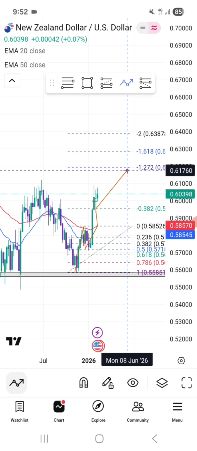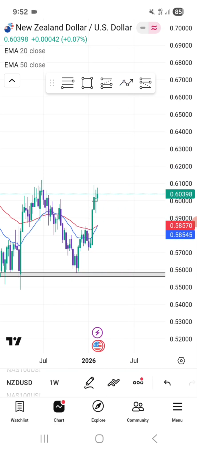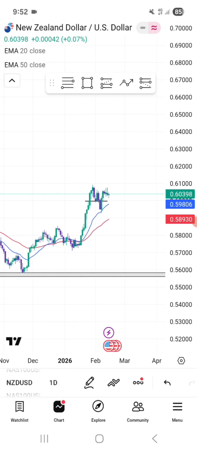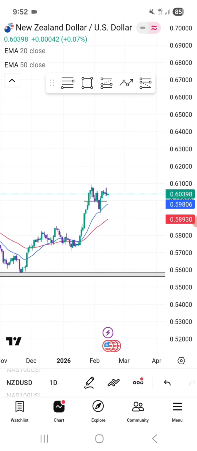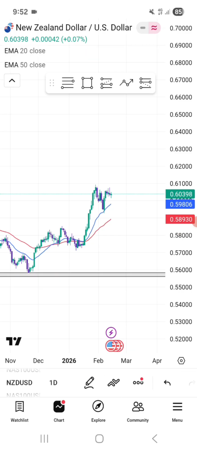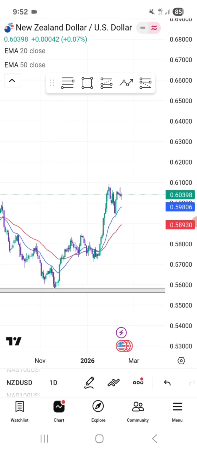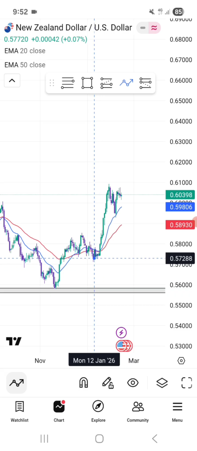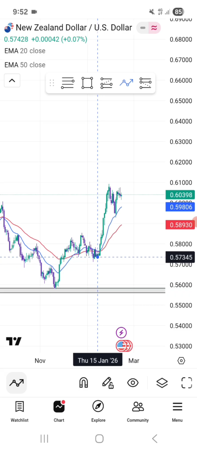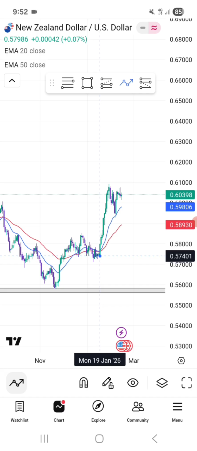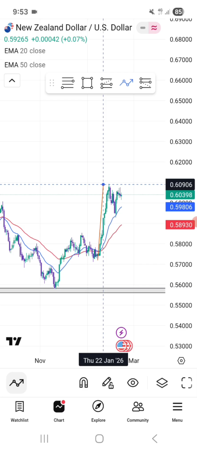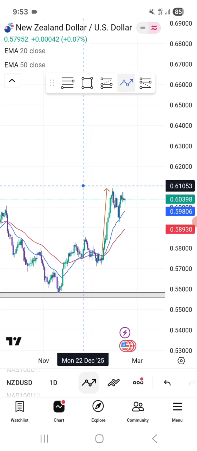So let's go on to the lower time frames and make analysis. So on the daily we have this. Once price came to the 0.5 level of the Fibonacci, it started with a strong push upward, and then started to have some pullback.